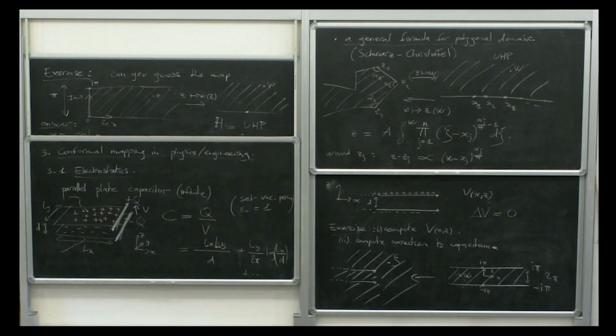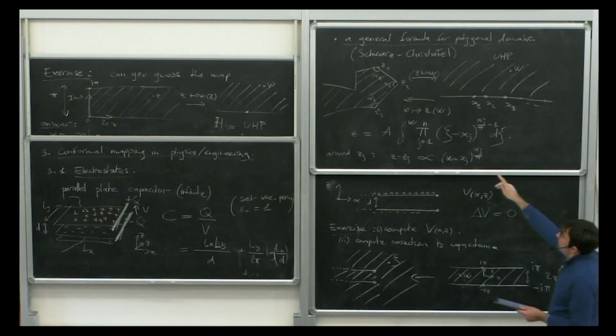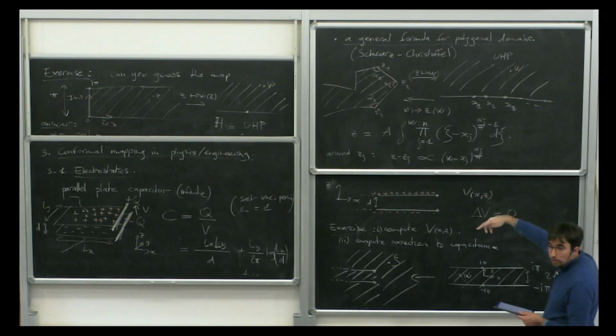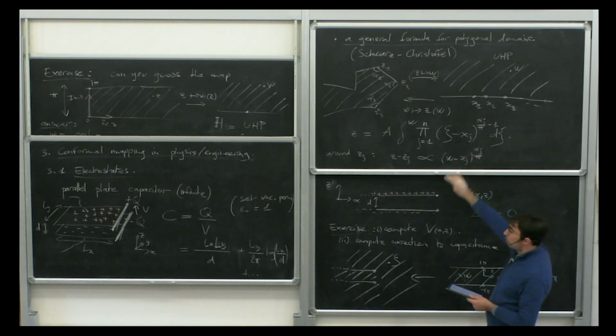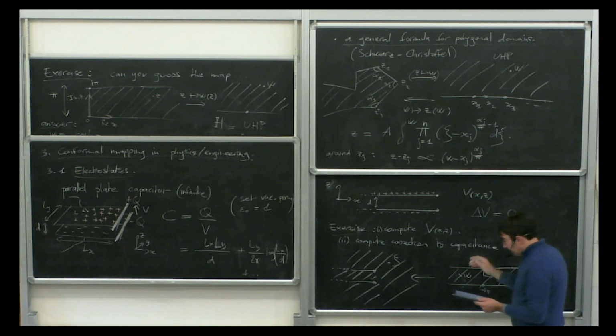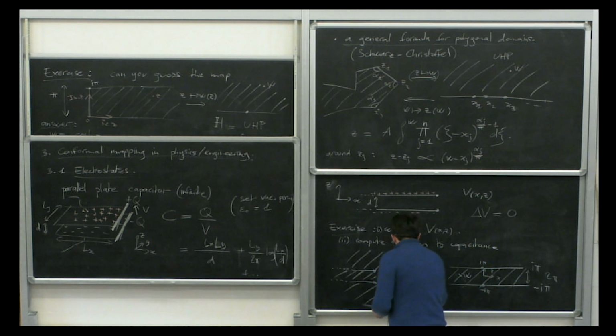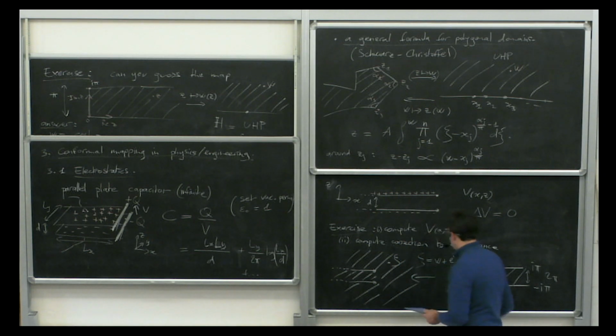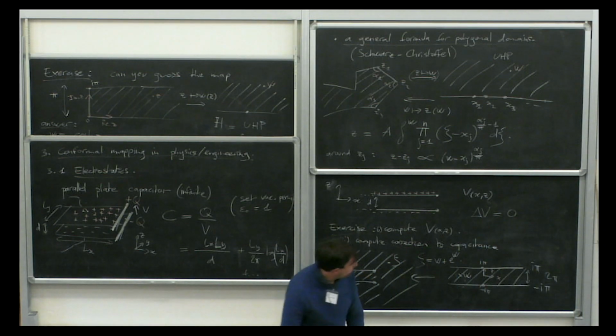No. But I mean, if you've never seen it, it's hard to guess. So you can construct it actually as a Schwarz-Christoffel map. It's one particular case. You can play with this formula and you'll find the result. Otherwise, I can just give you the result. So the result turns out to be zeta equals w plus exponential w. If you've never seen this, it's hard to guess, but that's the result.